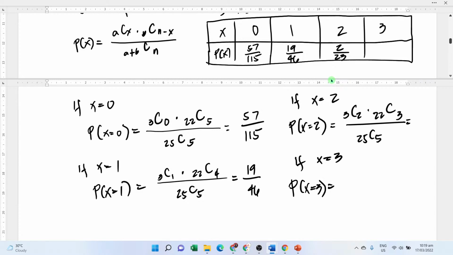Okay. If x is equal to 3 for the last probability, then we have 3 combination 3 times 22 combination 2, that's 5 minus 3, over 25 combination 5. So what is the answer here?